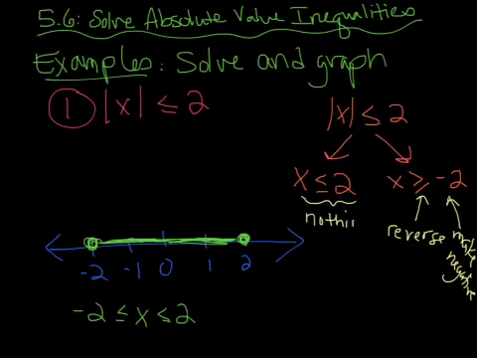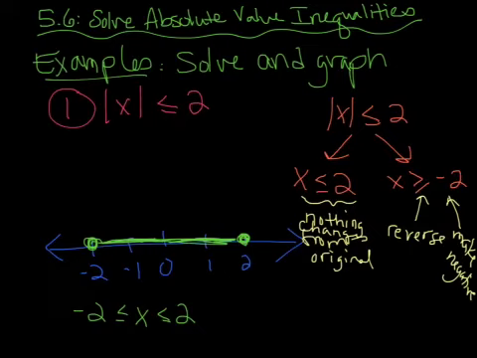Nothing changes from the original, the absolute value of x is less than or equal to 2, except that your absolute value bars are gone. So you either change nothing or you change two things. Keep that in mind as you're doing it.